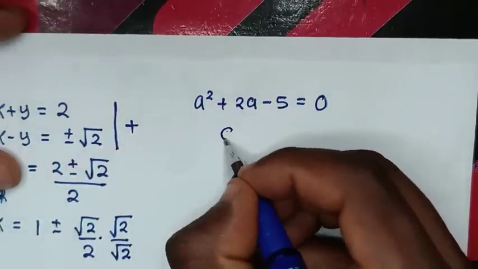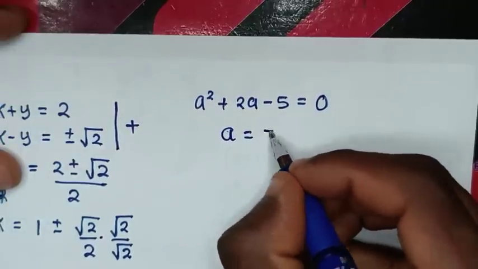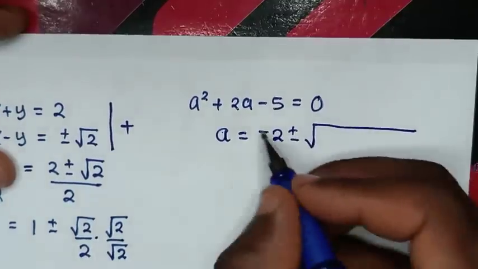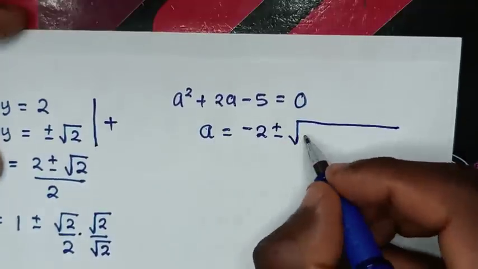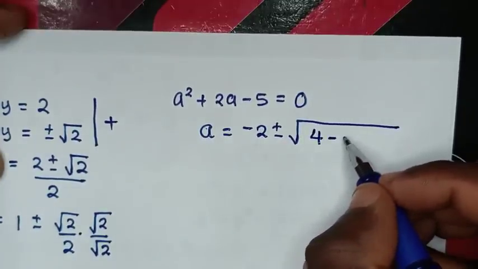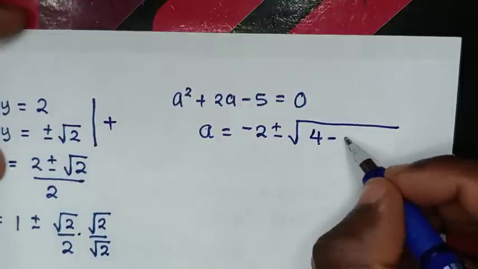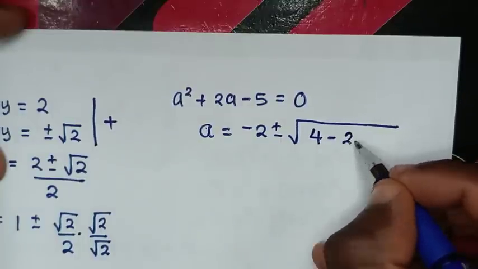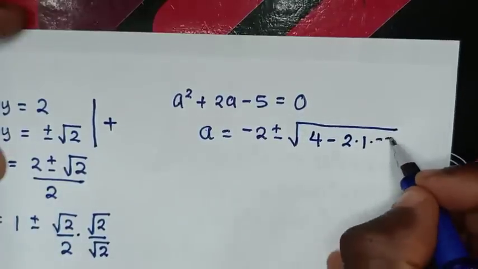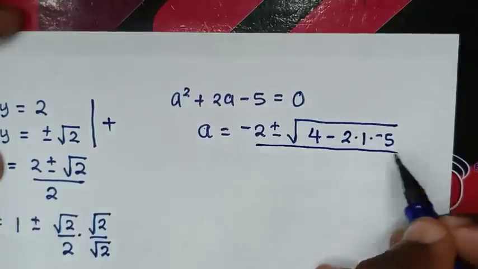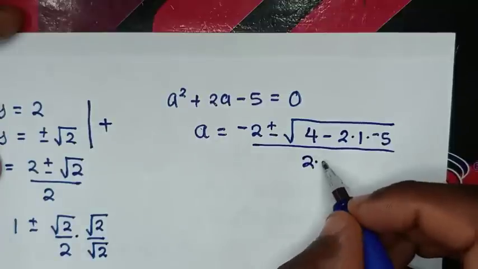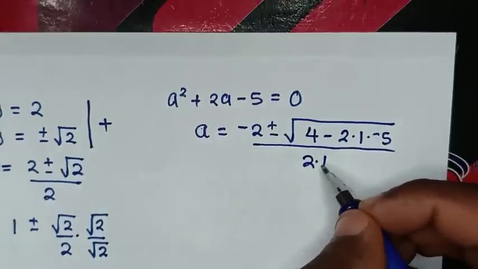To find the value of a, it will be equal to negative b, which is 2, plus or minus square root of b squared, which is 2 squared, which is 4, minus 4ac, so 4 times a, which is 1, times c, which is negative 5, then over 2 times a, which is 1.